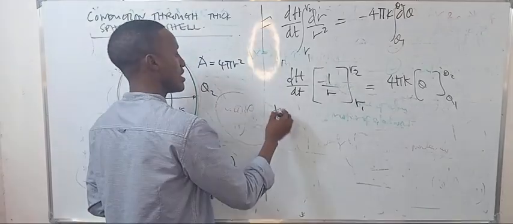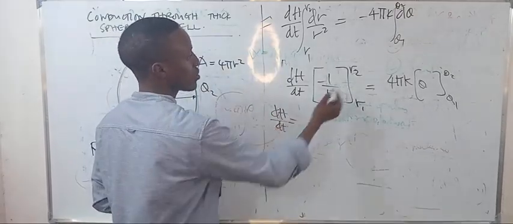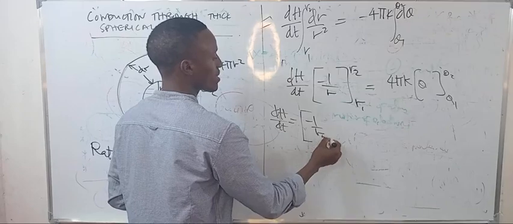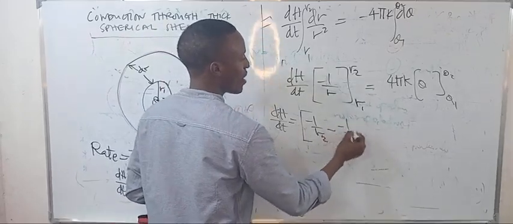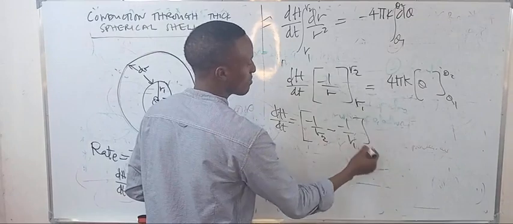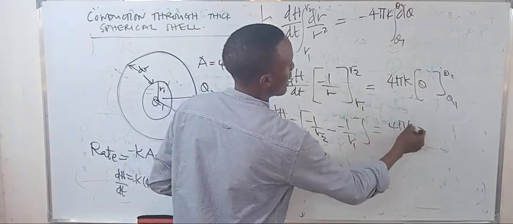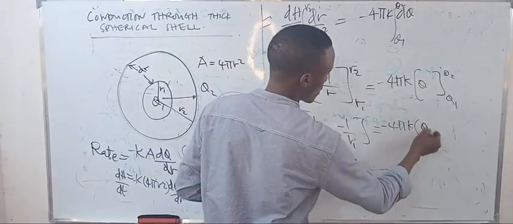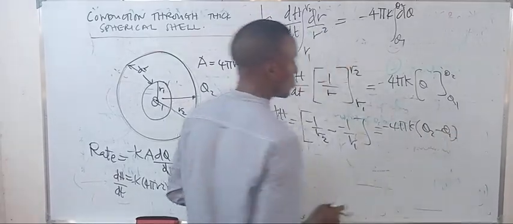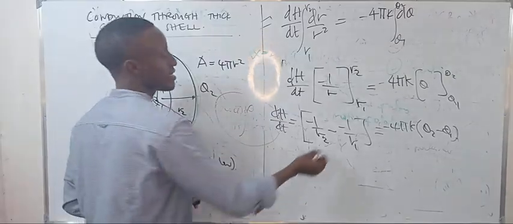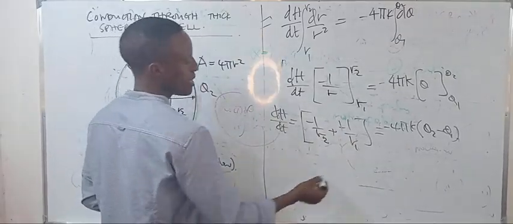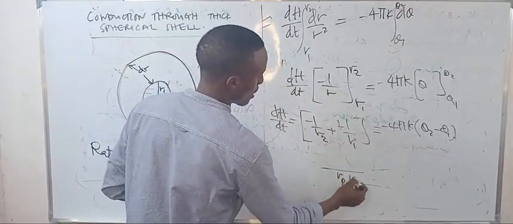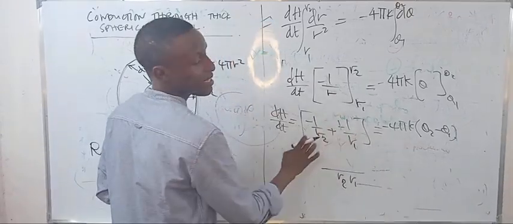And then you subtract the limits. So the rate of heat here is just equal to negative 1 over R2, then minus the negative 1 over R1. So it is equal to 4 pi k, but here there is a negative, theta 2 minus theta 1. So if I subtract this, this is plus. This is R1 minus R2, isn't it?